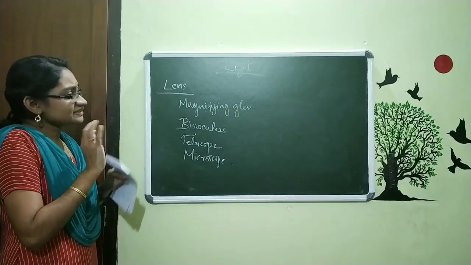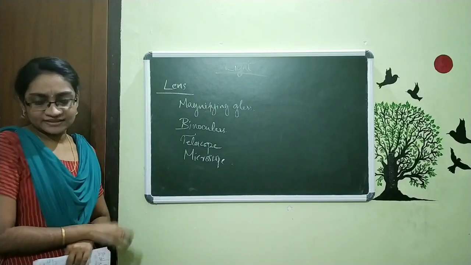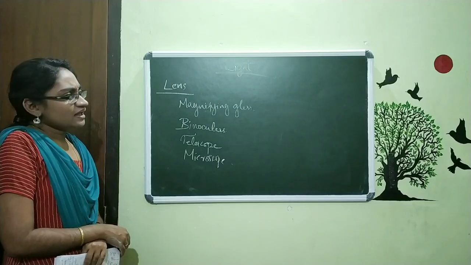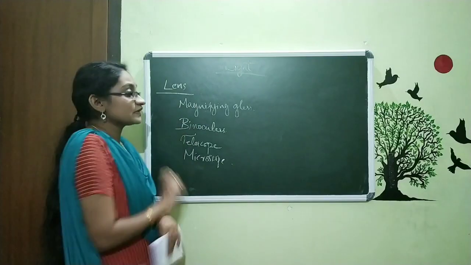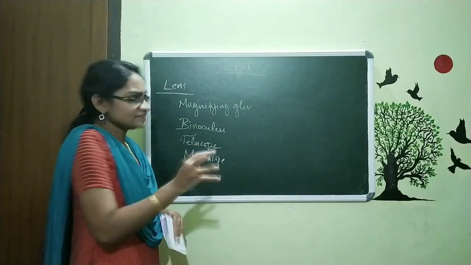In all such types of devices we can see some sort of lens. They contain different types of lens. And which are the different types of lens? For the magnifying glass, I already showed there is some sort of lens.